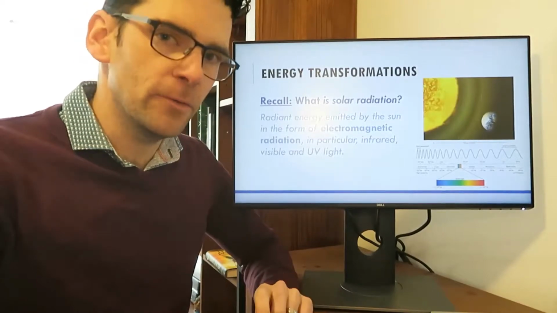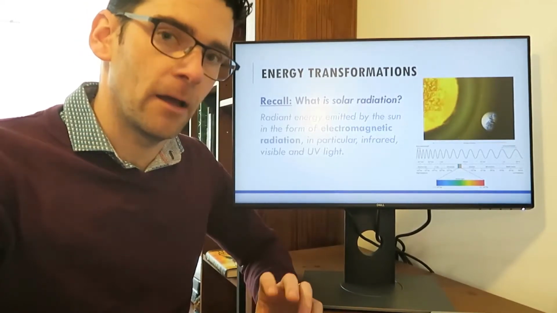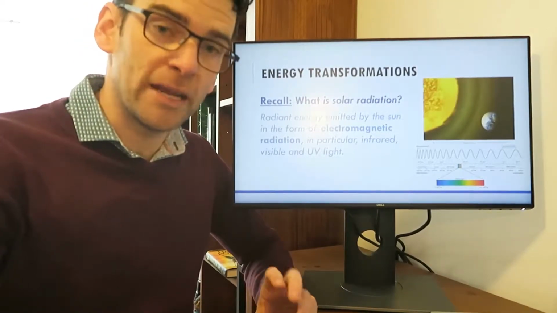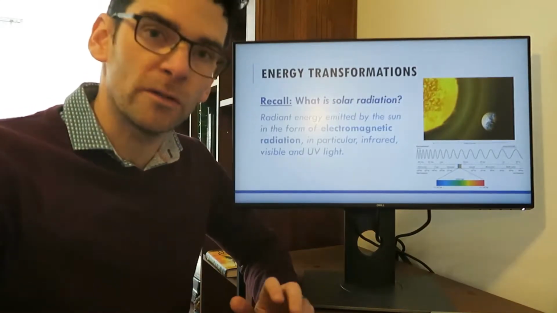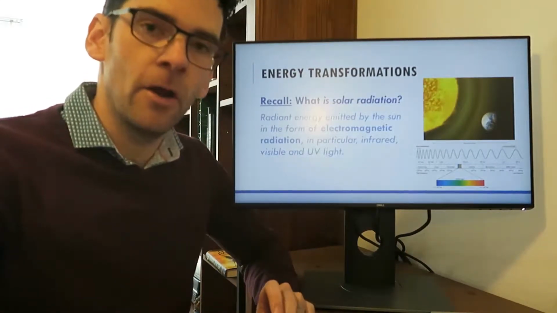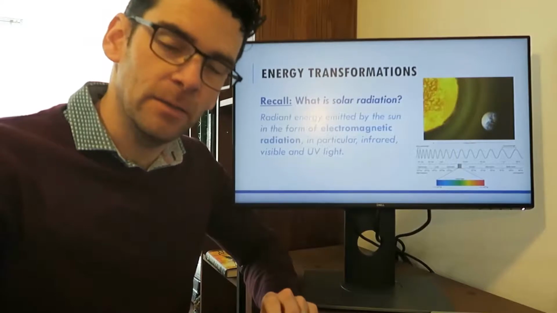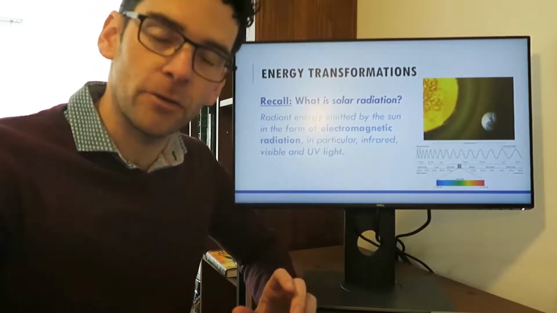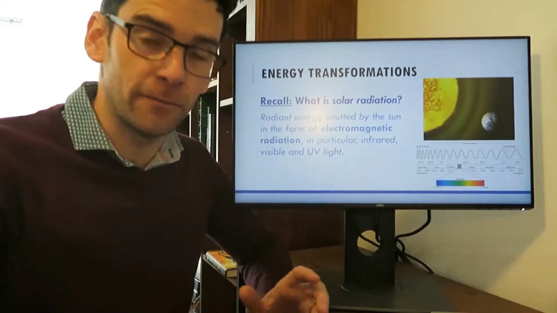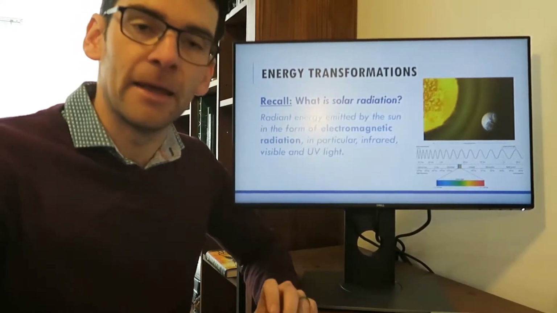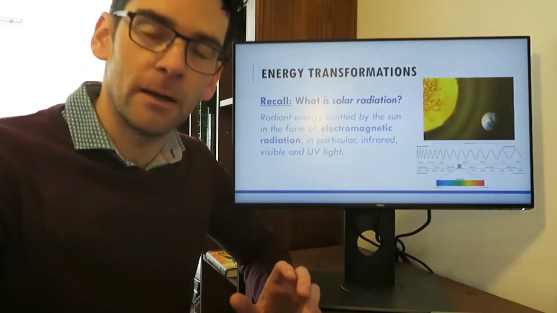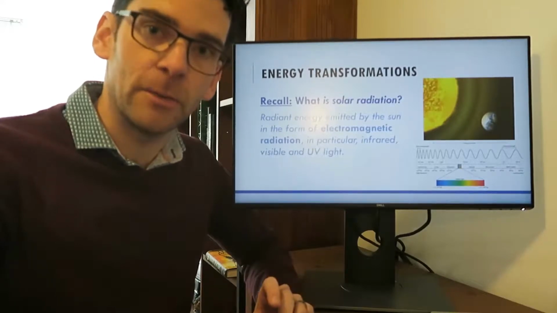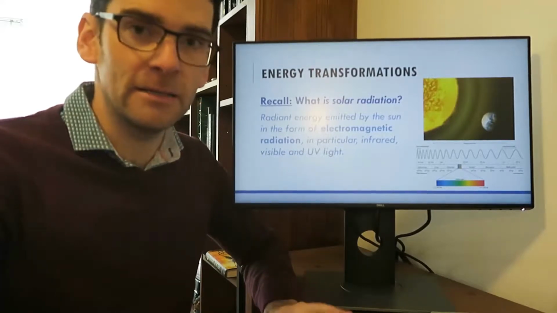All right, so just before we jump straight into it, I thought it'd be a good chance to recap or recall what solar radiation is. So remember from our previous lesson, solar radiation is a form of electromagnetic radiation which is emitted from the sun, and largely the amount of electromagnetic radiation that we receive from the sun is in three different bands.